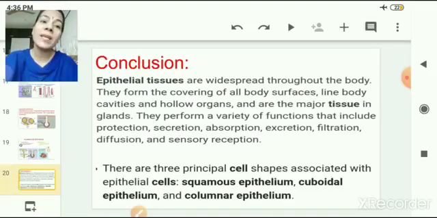There are three principal cell shapes associated with epithelium: squamous, cuboidal, and columnar. When epithelial cells are present in a single layer, it is called simple, and when present in multiple layers, it is called stratified epithelium.